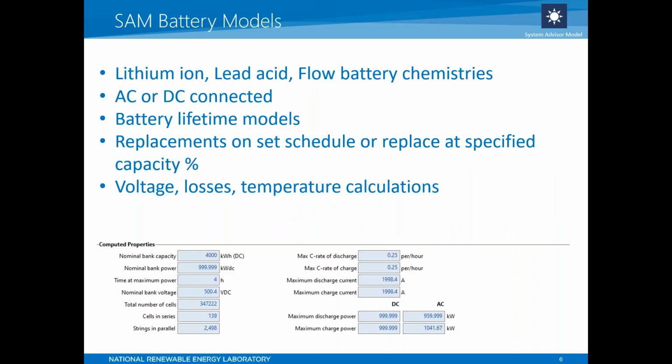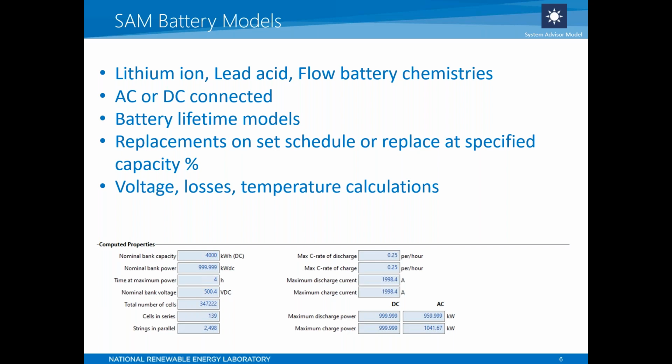So the SAM battery models currently allow for the modeling of lithium ion, lead acid, and flow battery chemistries. These batteries can be AC or DC connected. We have detailed battery lifetime degradation models and also detailed battery dispatch modeling algorithms that can affect how the battery behaves over the full project lifetime and how accurately it can meet the load as the years pass in the project.